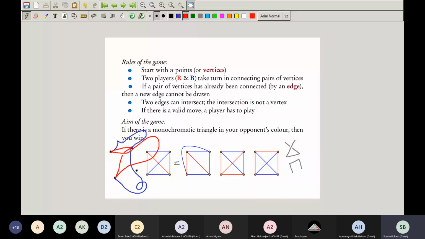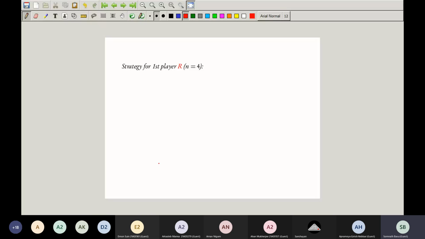Okay, so I'm claiming that for n equal to 4, a perfectly played game by both players should be a draw. Why? What's the non-losing strategy for the first player? The first player is R, n equal to 4. When can a player lose?